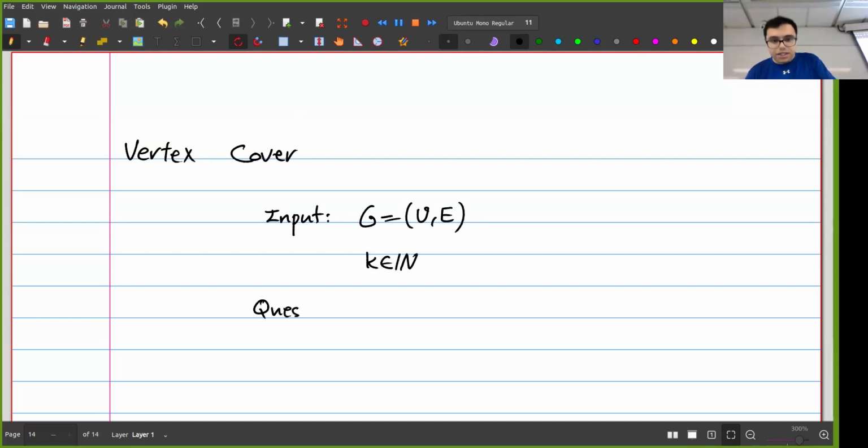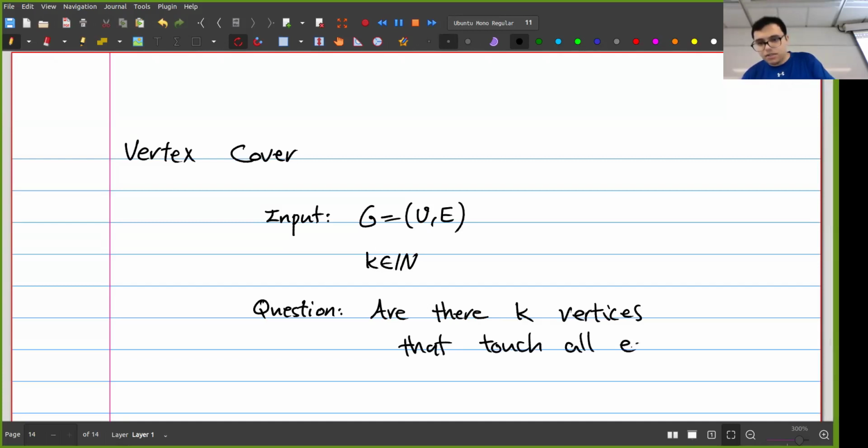And the question is, are there k vertices that touch all of the edges? Okay. We've already seen that this is NP-complete.